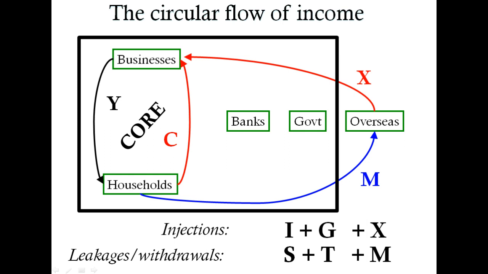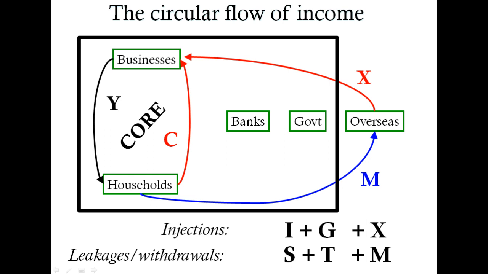Now, everything will go well, the economy will be in equilibrium, it will be stable, there will be no tendency for it to move, if the amount of money or income that is withdrawn or leaks out of the core is simultaneously injected back into the core.